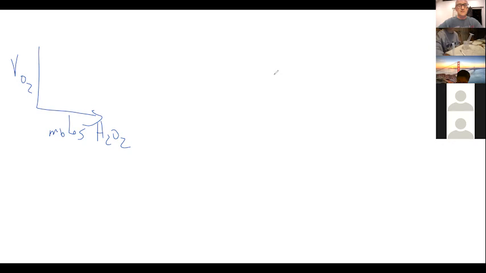No one sees it? What should I be plotting? If I want to determine the value of R for oxygen gas, what do I have to plot? I have to plot the relationship between volume of oxygen gas and moles of what?